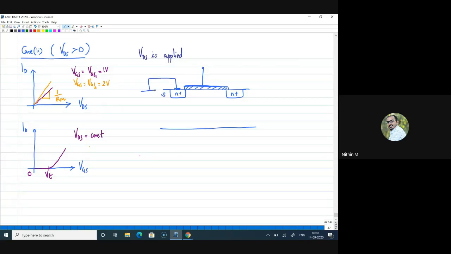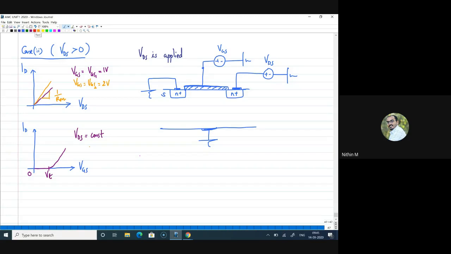Now source is grounded here. Body is also grounded. But now at drain, there is a potential applied. In this form, this is a VDS, and this is the potential applied here, which is VGS, right?